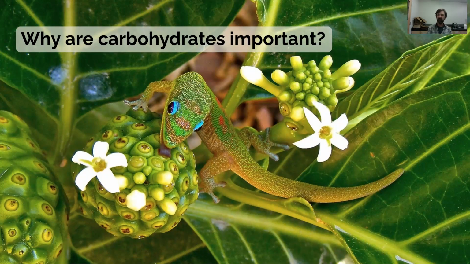So the energy we use comes from the food that we eat, and if we don't eat food, we don't have energy, right? So this is a gecko taking advantage of a plant that is secreting a nectar, trying to get this gecko to pollinate the flowers. This is actually a rare gecko-pollinated flower here.